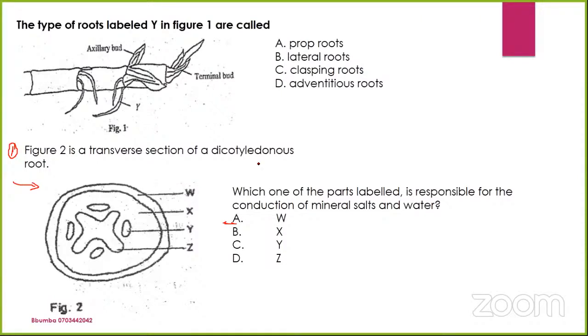Okay, let me check the answers in the chat box. Some people have given the answers. Mathiang says it is A. Victoria M says Y. Please, when you're giving answers for such questions, the options are either A, B, C, or D. You always choose from what they have given.